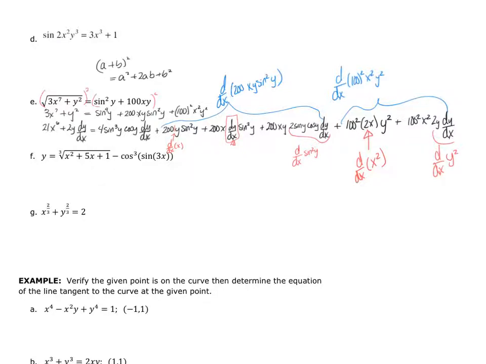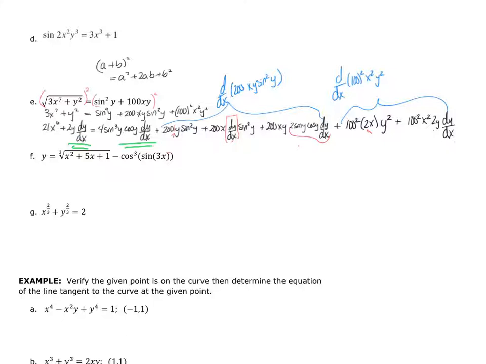All right, so what I need to do now is anything that has a dy attached to it needs to go to one side of the equal sign, and anything without a dy needs to go to the other side. So I'm going to come through here and underline everything that's going to go to the left. So this one goes to the left, it's already there.